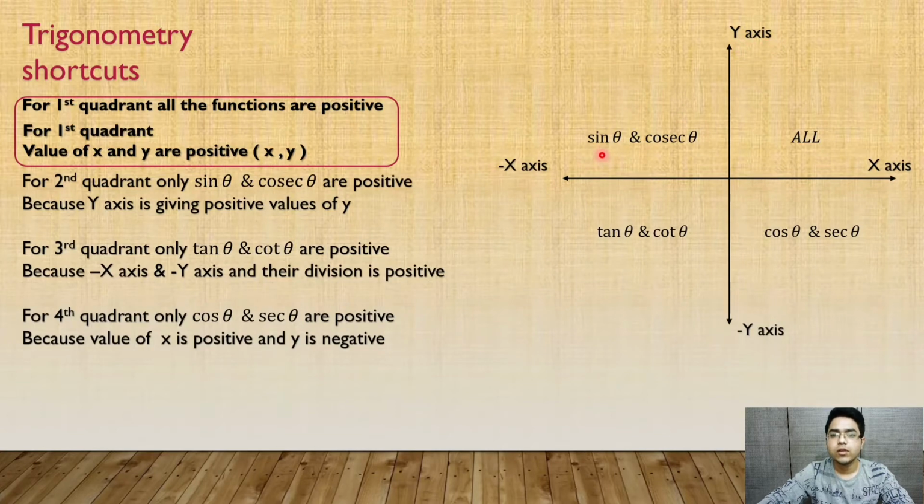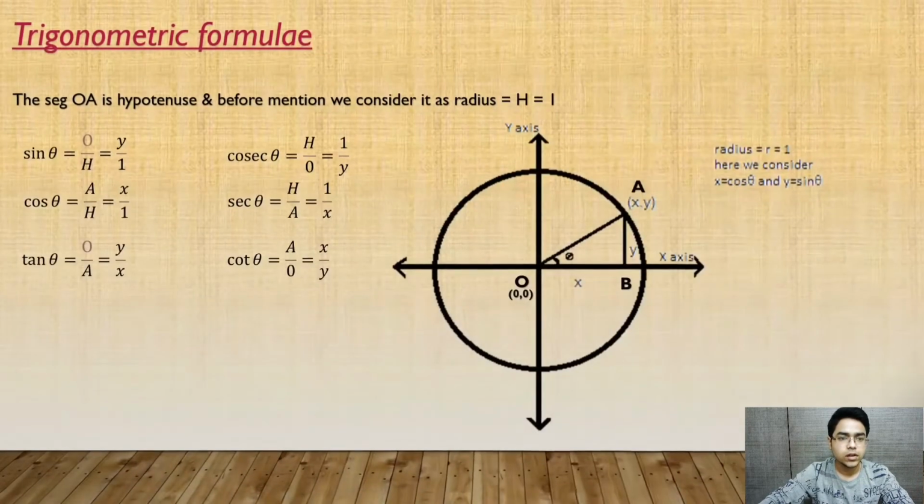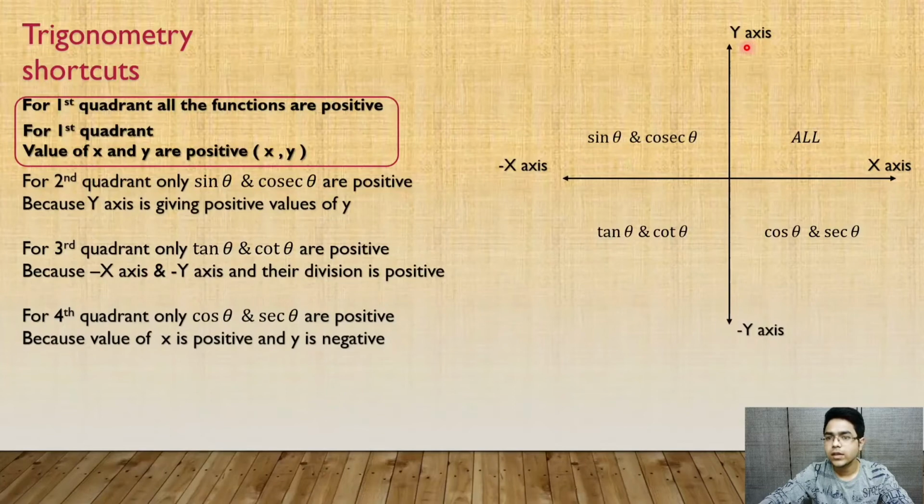The sine value is y, and here y is positive, so it will not affect sine theta and cosec theta. These values will be positive, as cosec theta is the reciprocal of sine, so this will not be affected.